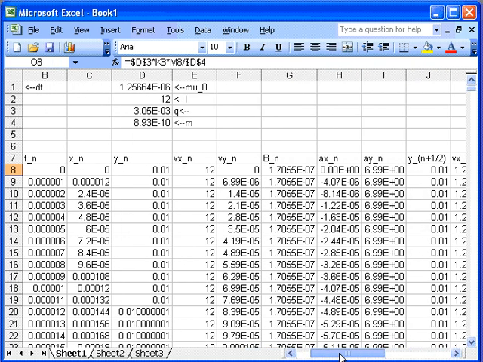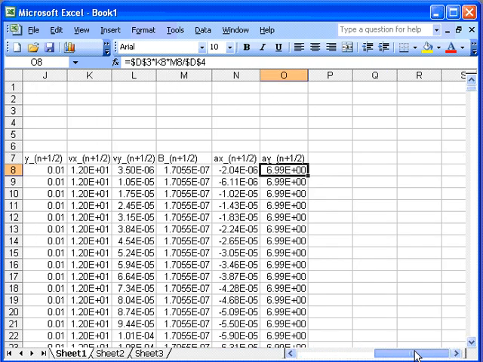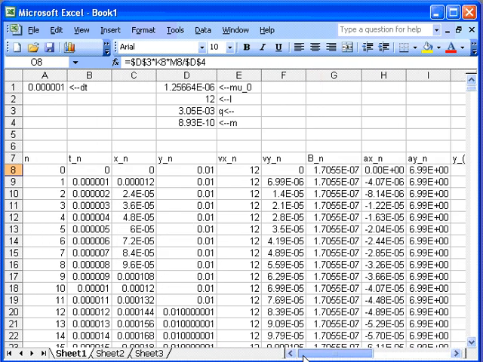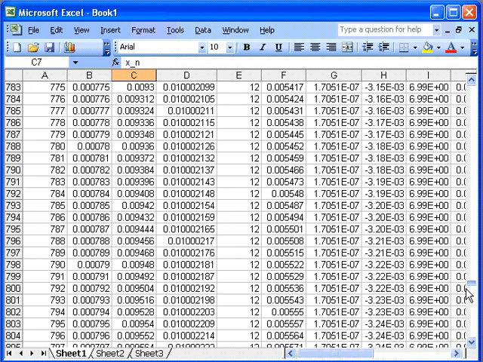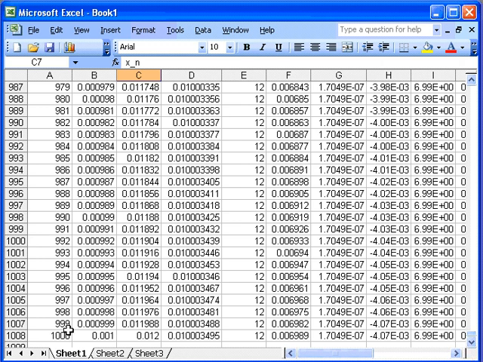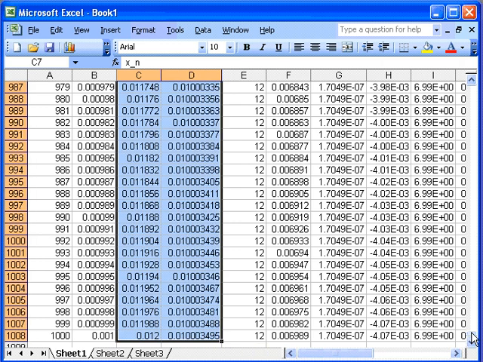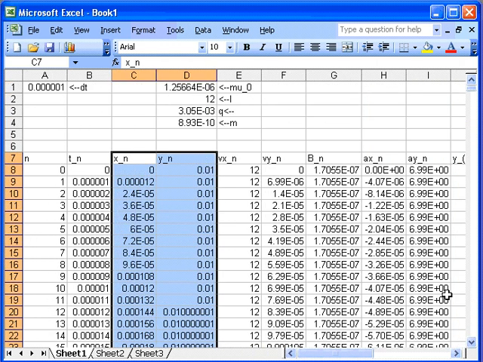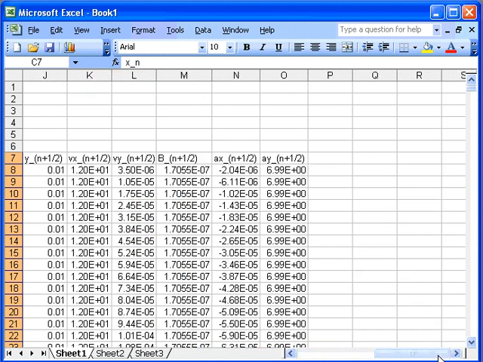But let's see what our trajectory looks like. So I'll plot y versus x. Let's see, this is the time. Here's the y right here. And let's put that in a little graph.